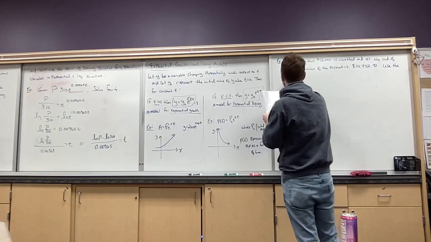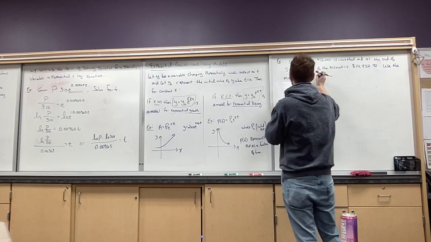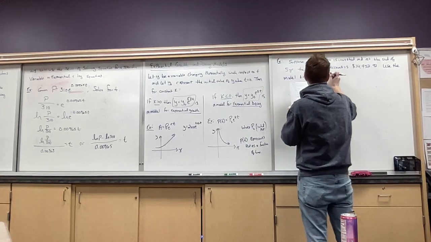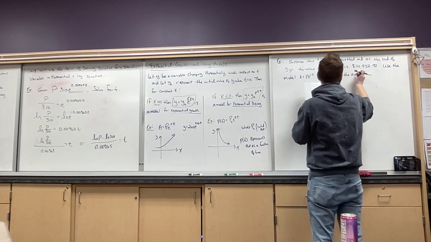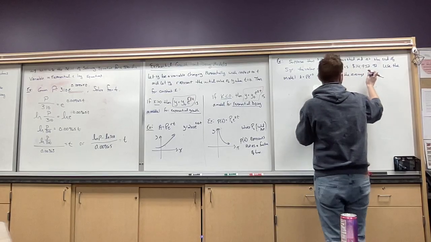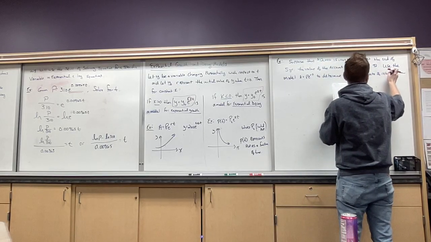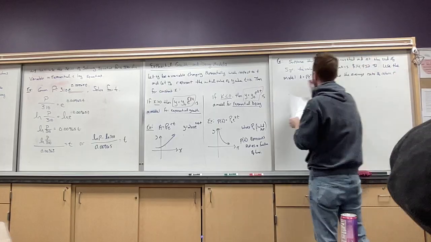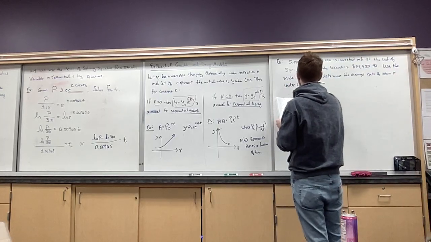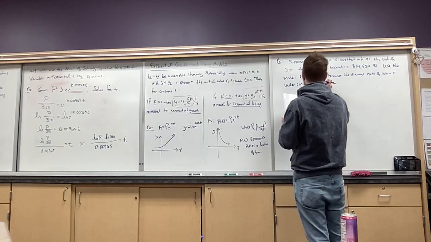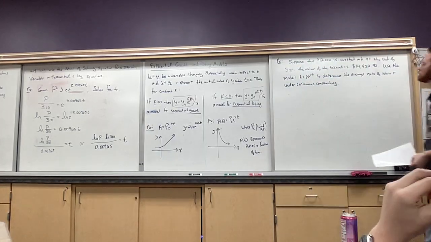Use the model A equals P e to the rt to determine the average rate of return, we'll call r, under continuous compounding. Okay.